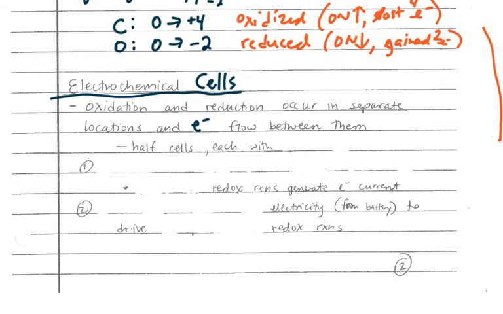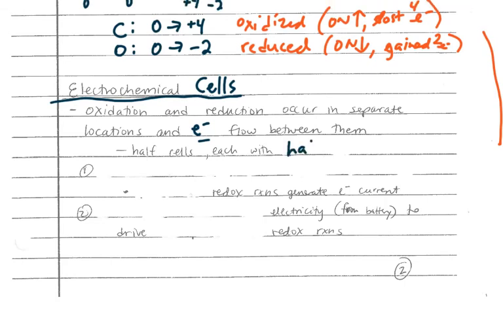So really the redox reaction is occurring between these two compartments, but you're separating the two reactants. You're not putting them in the same reaction container, you're putting them into separate containers and connecting them with a wire that electrons can flow across in order to lose and gain these electrons. We call those different containers half cells, and each one contains a half of the reaction, or a half reaction.